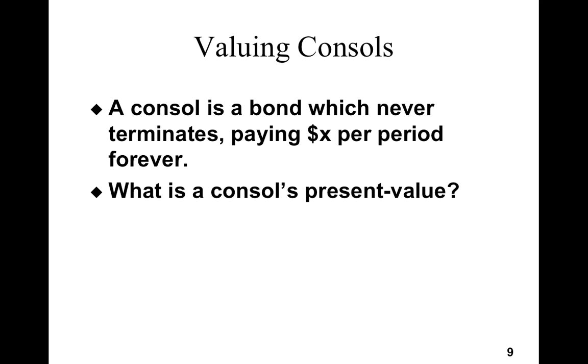Well, the logic that we have used up till now says that you should not pay more than the present value of all the income stream that is going to be generated by this financial asset. Now, in the earlier case, we looked at an arbitrary period T, 10 years, 20 years, 30 years. But here, the period is forever.